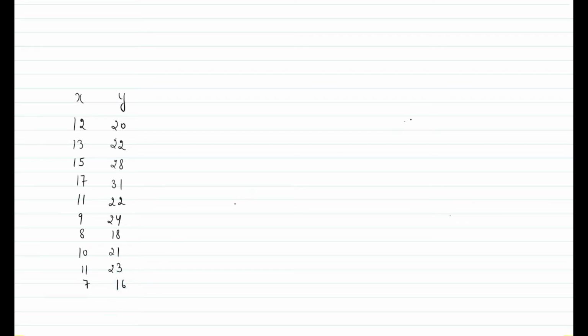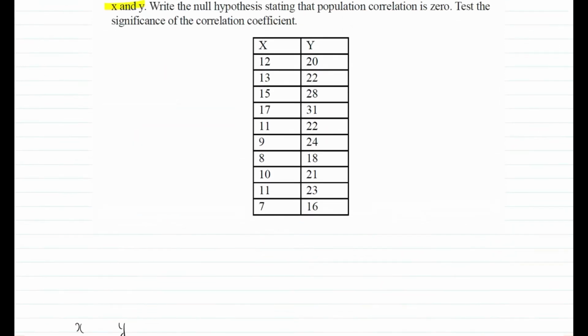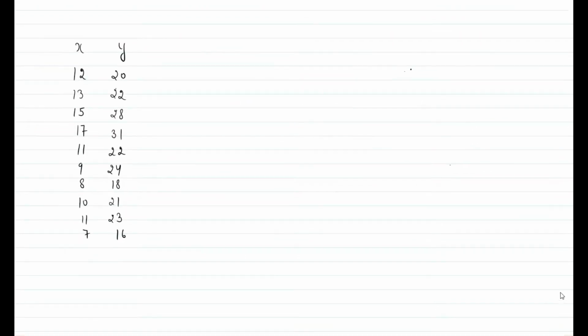So that is the given data, and we have just made it in the tabulation form of x and y.